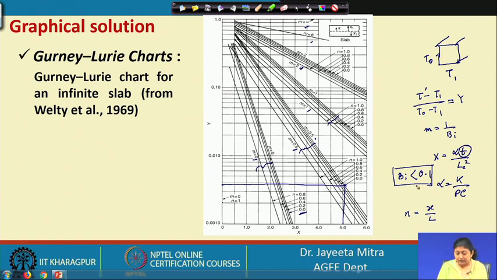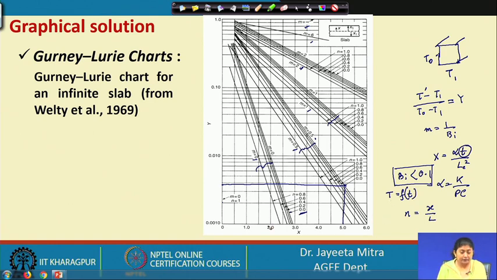Also in this case we assume that alpha is constant, whereas in the actual case alpha varies, and the thermal properties will also vary. This use of lumped parameter can give us the temperature distribution with respect to time, but not with respect to position.